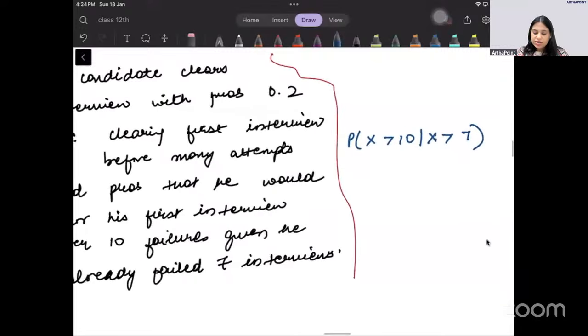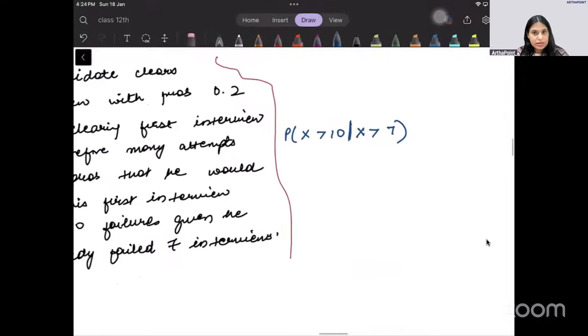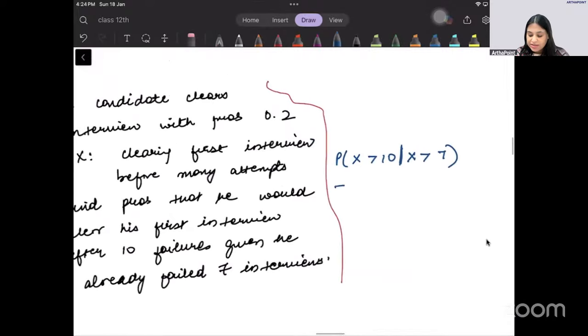So we know that here we can use its memoryless property. So probability x greater than 10 given x greater than 7, you can write this as probability x greater than 3. Okay? So probability x greater than 3 means you will get your success at the fourth one, or fifth, or sixth, and so on.